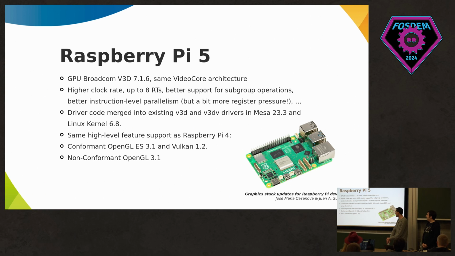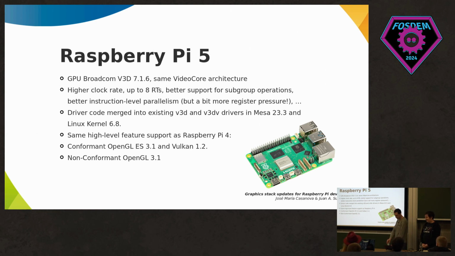As I said, this is more or less the evolution of the GPU from the Raspberry Pi 4. So nowadays the features are more or less the same in terms of the driver implementation. It supports OpenGL-ES 3.1 and Vulkan 1.2, and a non-conformant version of OpenGL 3.1. We will see that later.